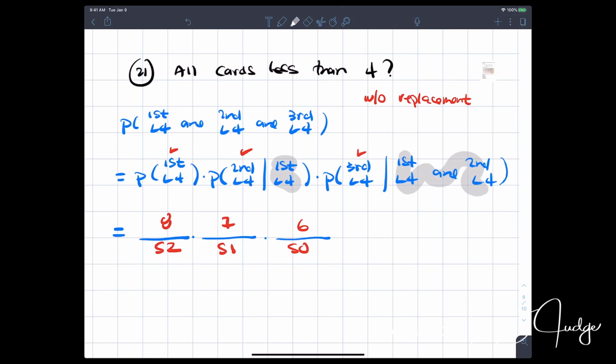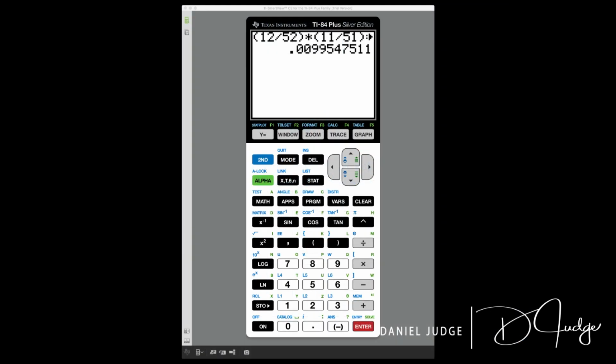And if we go to the TI-84, as you guys know, let's compute this. Okay, let's find out. Parentheses, 8 divided by 52. Close that. Times 7 divided by 51. Close that. Times 6 divided by 50.